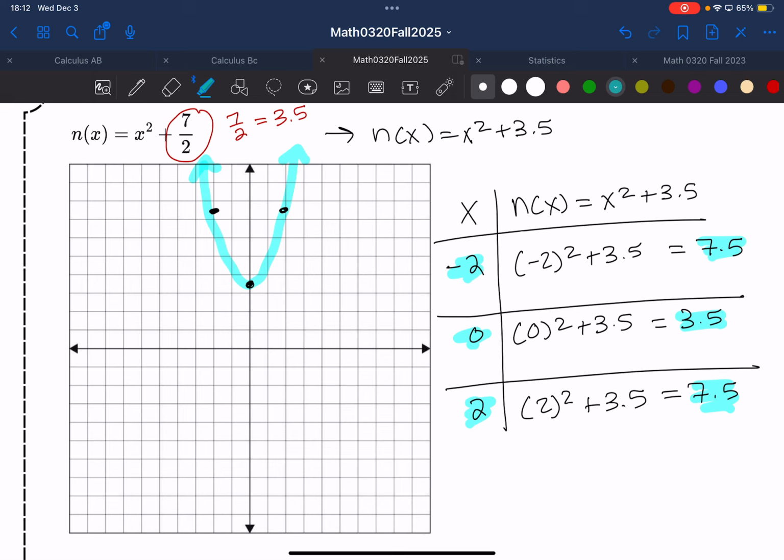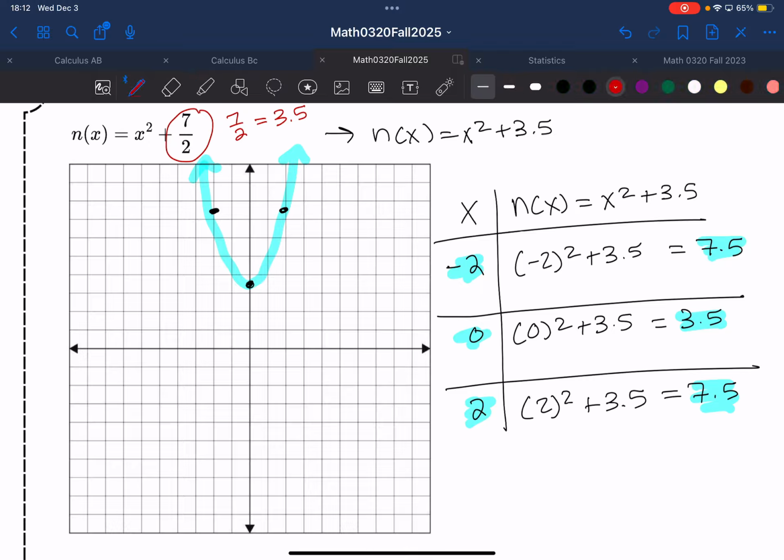So what is important is the shape, or like the dimensions, as opposed to where it's at. What's important is that it's symmetric, right? So if, for example, you're choosing -2 as one of your x values, I would choose +2 as the other one. Okay, so make sure it's symmetric. The other important part is the vertex, and where's the vertex here?